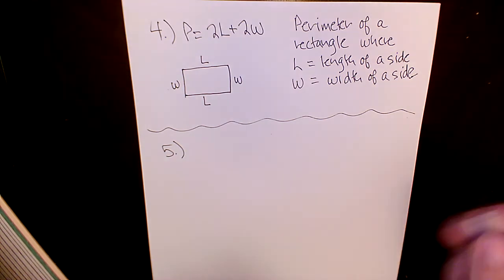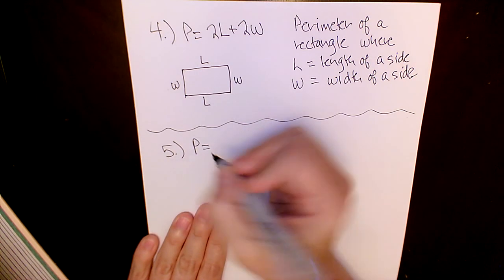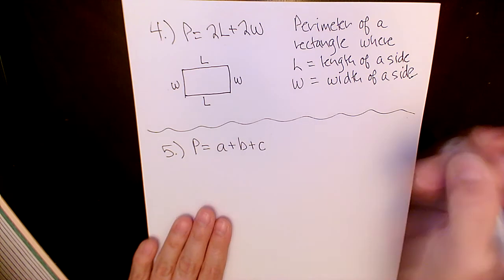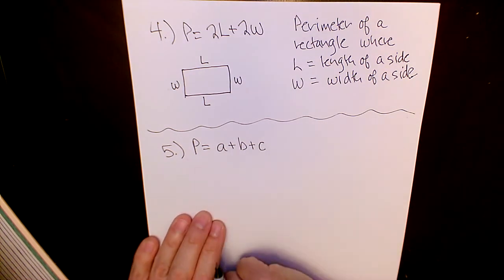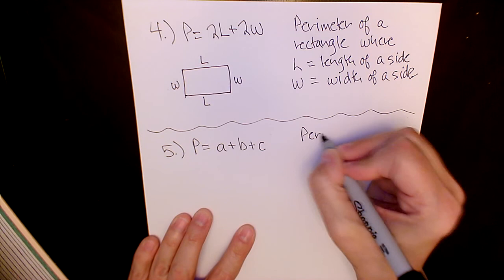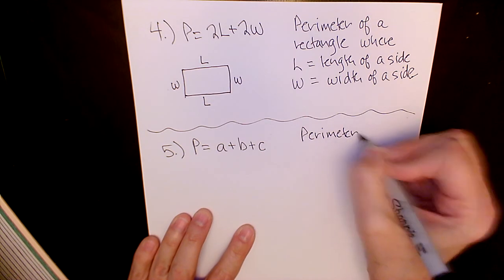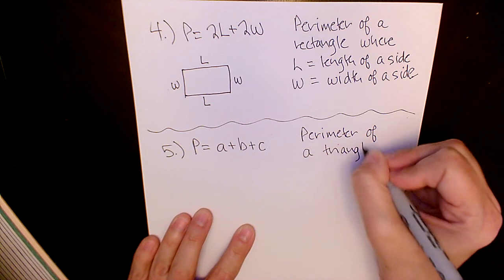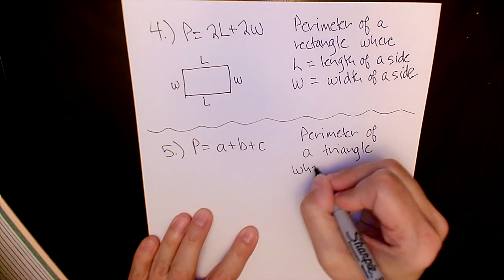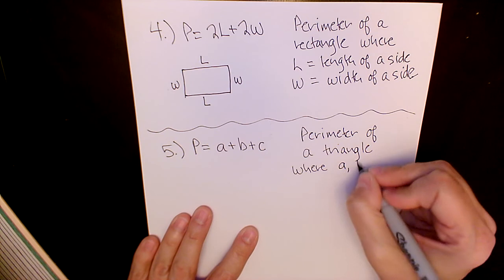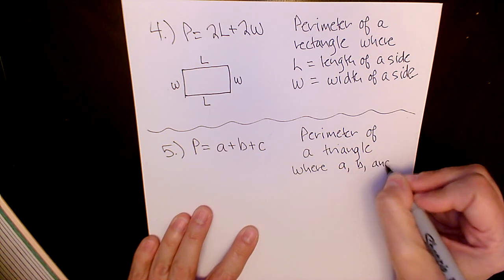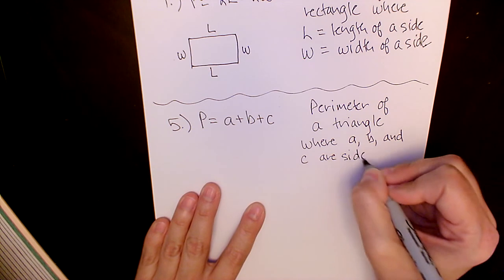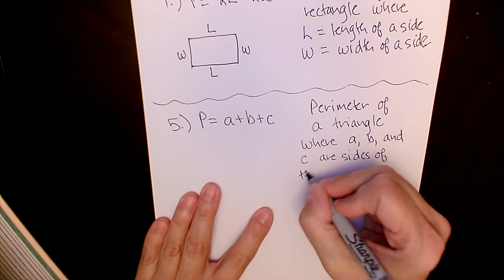Let's see what else. Okay, so here's another one, but this is with a triangle. We use this formula to find the perimeter of a triangle. A, B, and C are sides of the triangle.